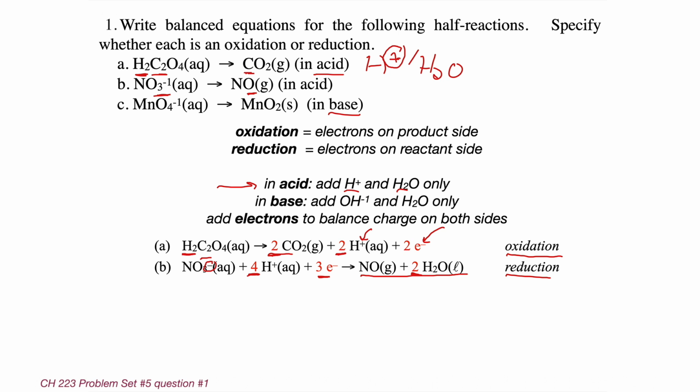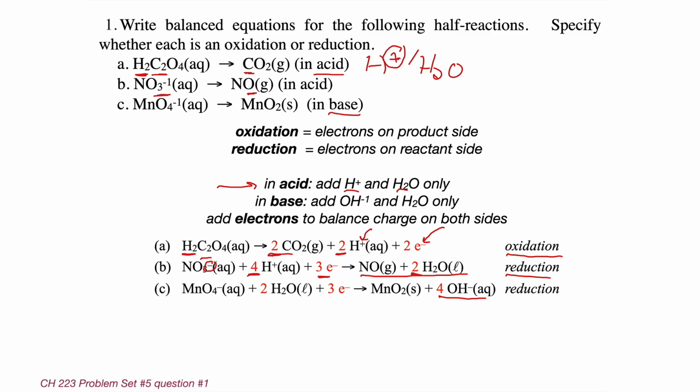And finally, in base, you can only add hydroxide and water. In the video lectures that are available, or in the balancing redox reactions handout on the website, I have some ways that can help you to balance things in base. It's not hard, but it's just a little funky at first. For this one, you want to end up adding 4 hydroxides first to the product side because you've got to have some extra oxygen there.